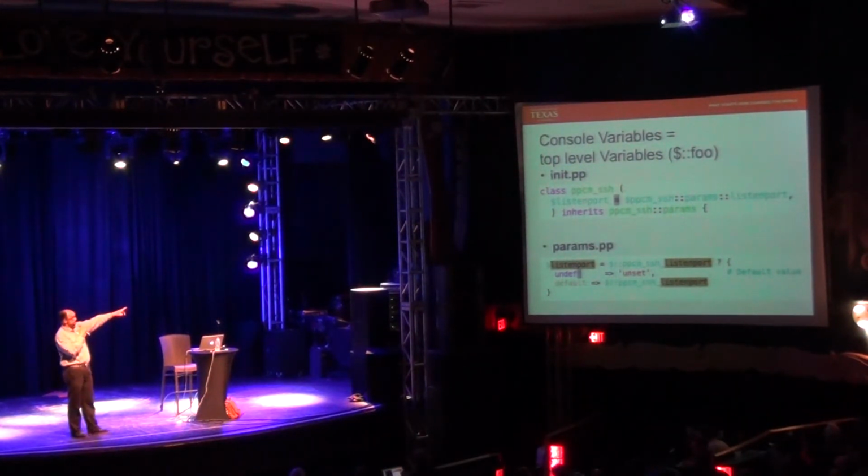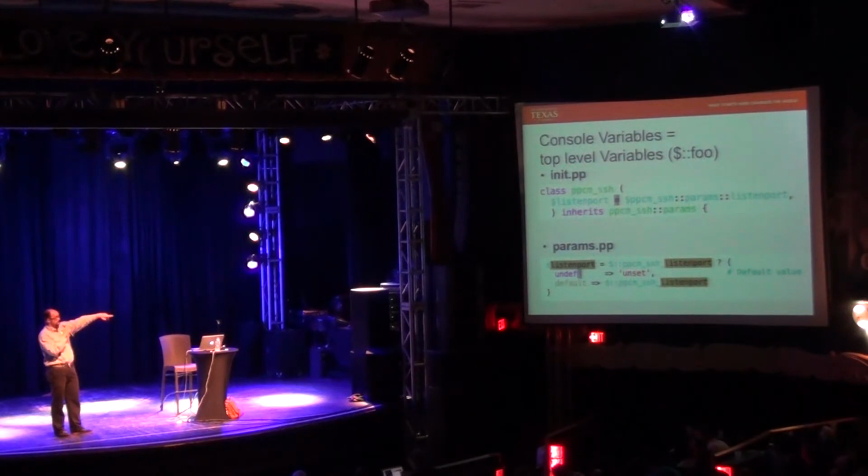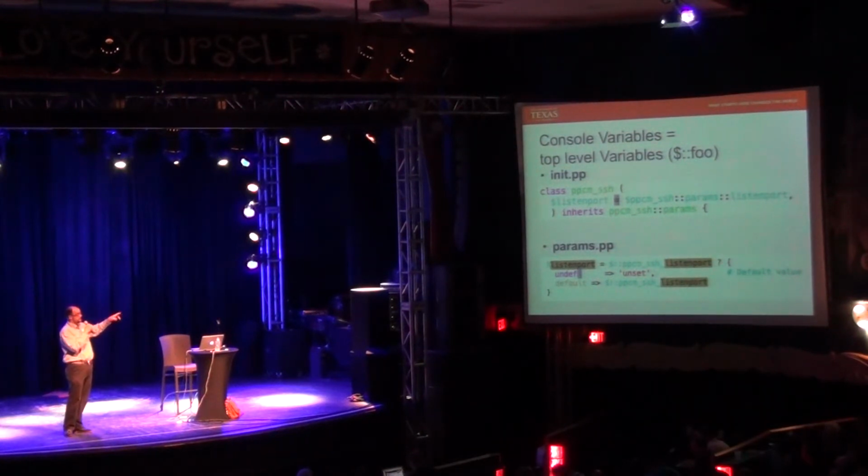So we set listen port equal to, and this bucket stuff here is basically namespacing this module. You say ::ssh, which I'll get to in a sec, then the params class, and then the listen port variable. Then the entire class inherits that params class to make sure that the params wins.